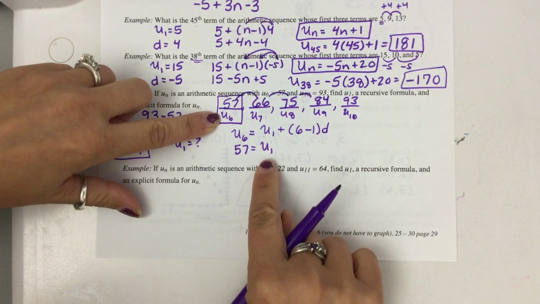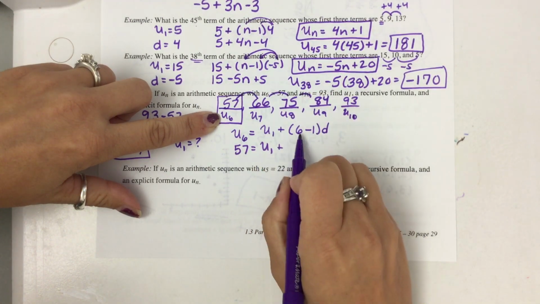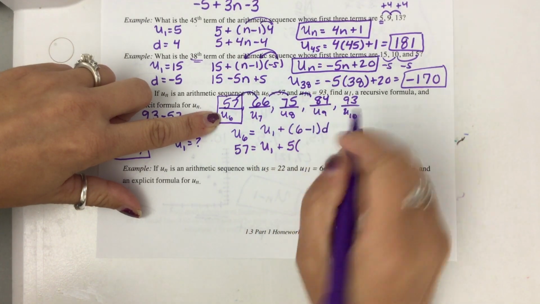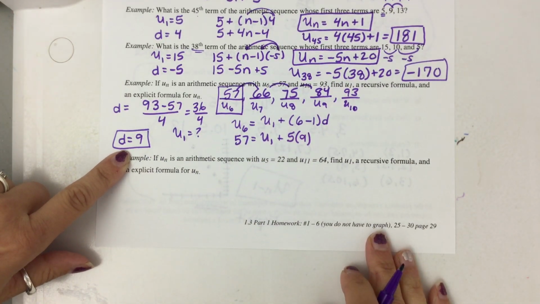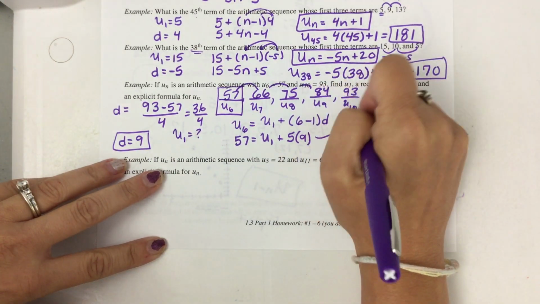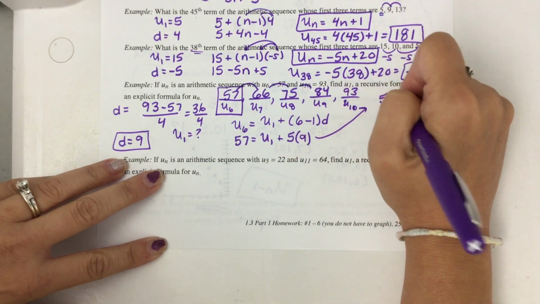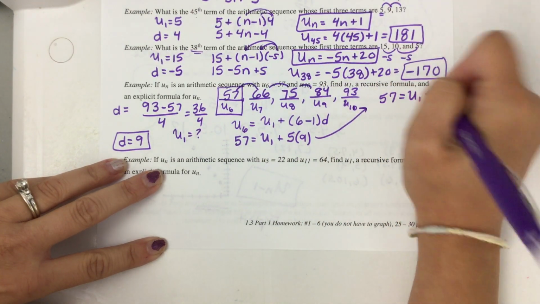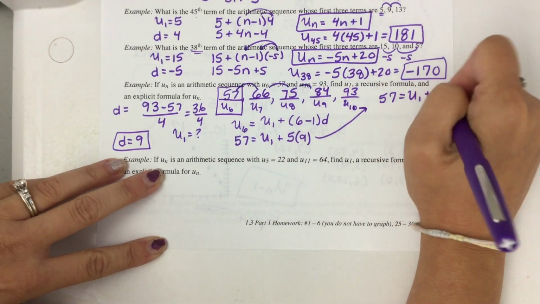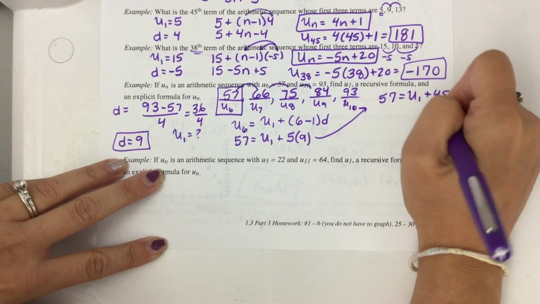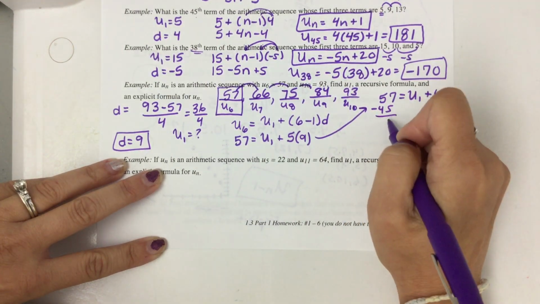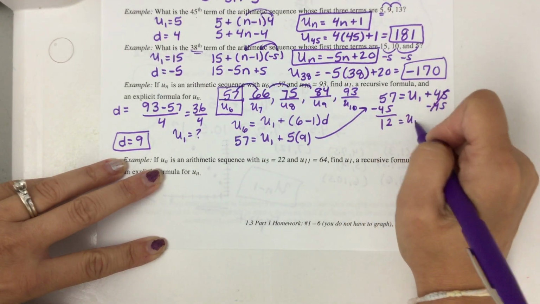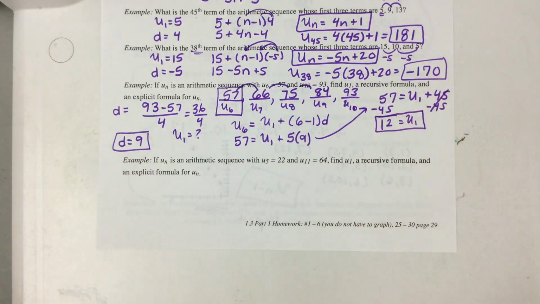We do not know u sub 1. Plus 6 minus 1 is 5 times d. We just figured out d. d is 9. So my formula: 57 equals the first term plus 5 times 9, which is 45. If I subtract 45, I have 12. So my first term is 12.